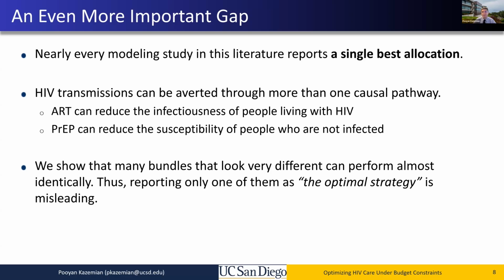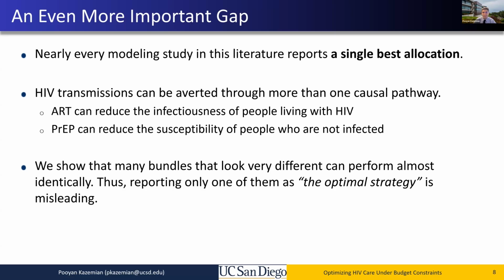And as a result, there is usually more than one bundle of care or one combination of interventions that result in almost the same number of transmissions. We actually show that many bundles that look very different can perform almost identically, and therefore reporting only one of them as the optimal strategy is going to be misleading.